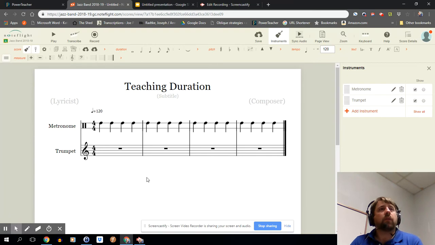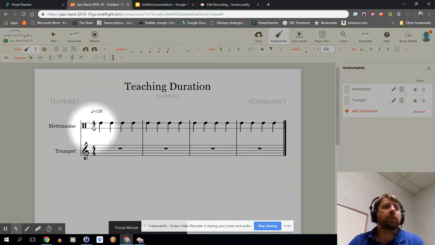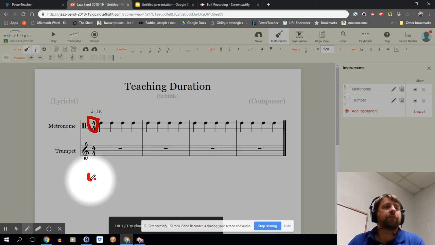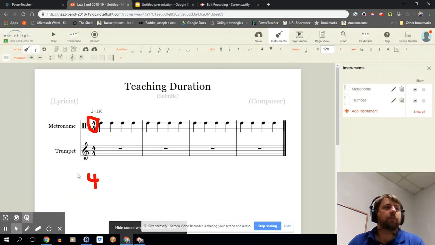Okay, we kind of talked a while ago about this time signature here. It says 4-4. Let me circle it. Okay, so the 4 on the top means 4 beats.